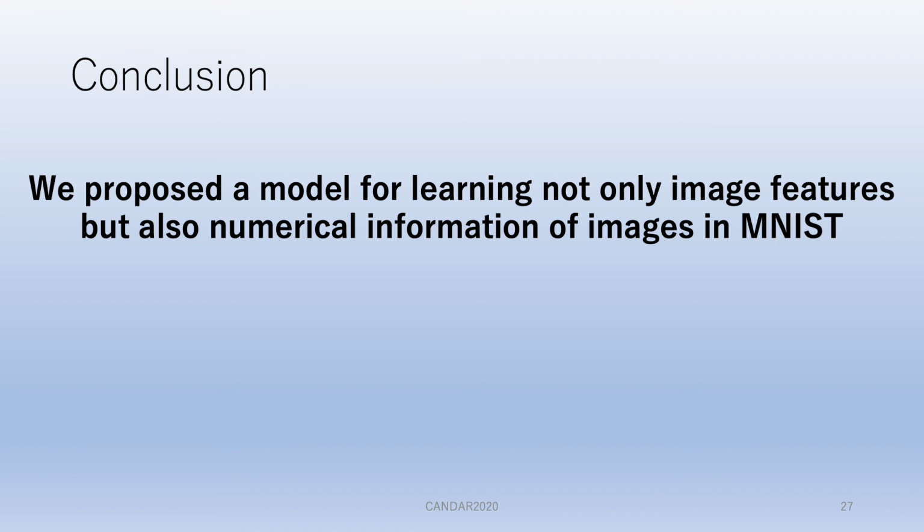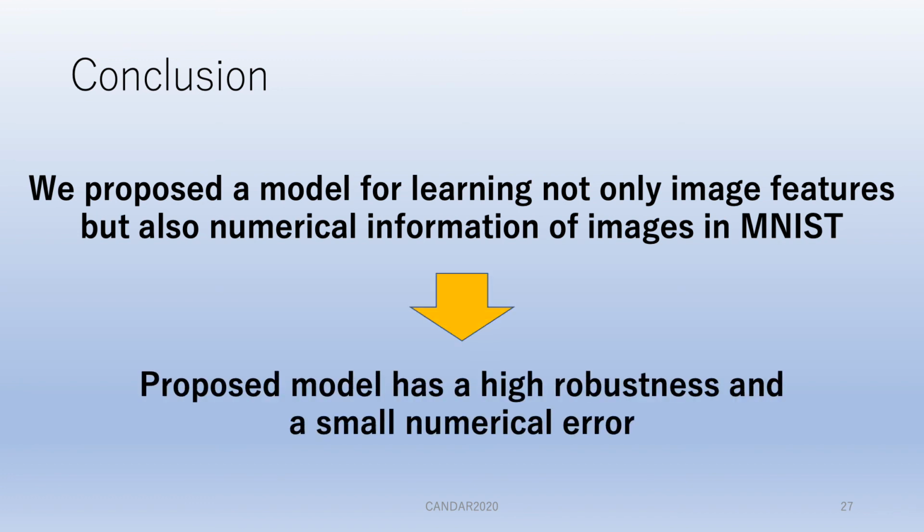As a result, the proposed model has high robustness and small numerical error. However, in the proposed model, numerical information was learned in addition to image features, but it is not suitable for learning other meta-information.